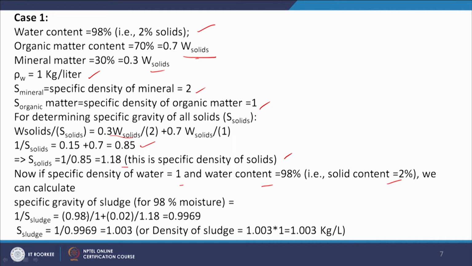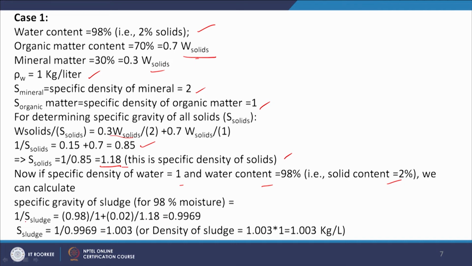So, water content is say 98%. So, if it is 1, total sludge is 1. So, 0.98 is water, divided by 1, and plus 0.02 is total solid, that is divided by the specific gravity we have calculated here, 1.18.